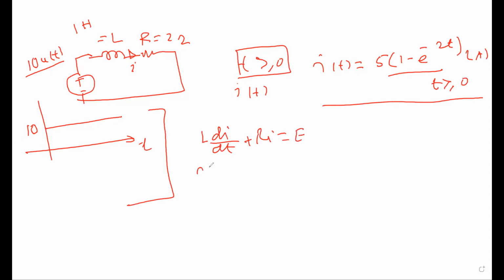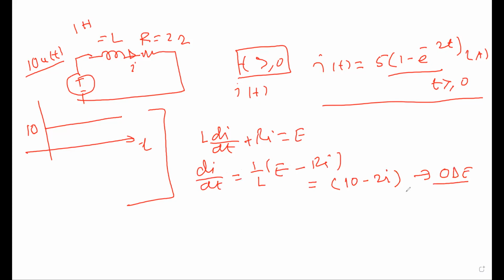And if we solve for di/dt, that di/dt would be equal to (E minus Ri) divided by L. If we put the values that we assume, it will be equal to 10 minus 2 into i, isn't it? This is our first order ordinary differential equation that we have to solve.